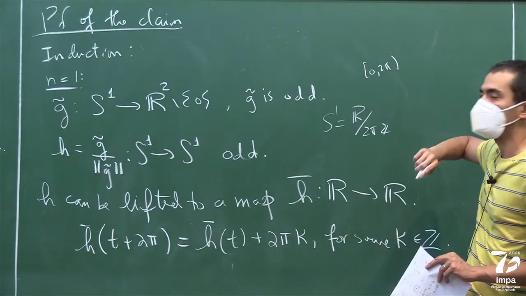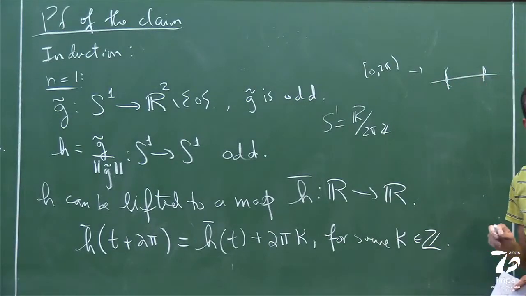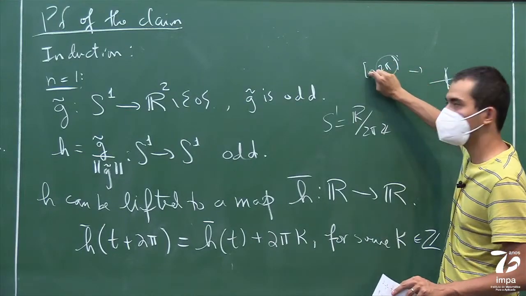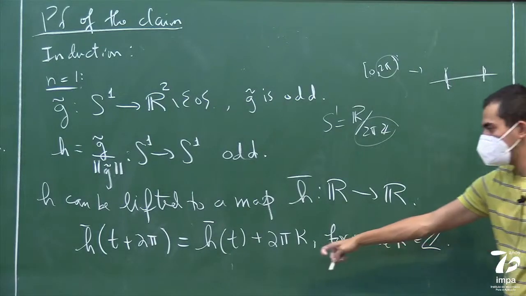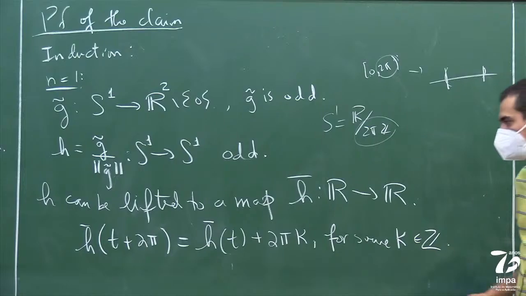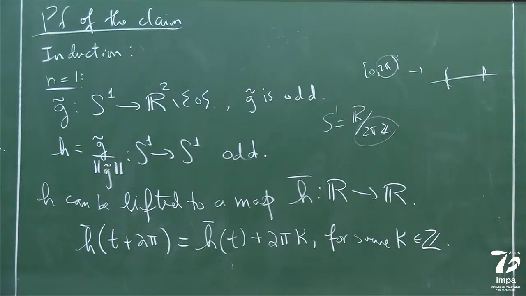So this will be taken to some interval of R. But because when you get to 2 pi, you have to have the same thing as the image of 0 modulo 2 pi Z, then you have this 2 pi k. Okay. So this is just because it's a map from the circle to the circle.